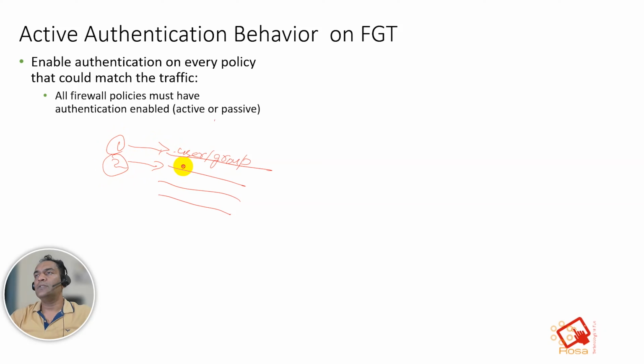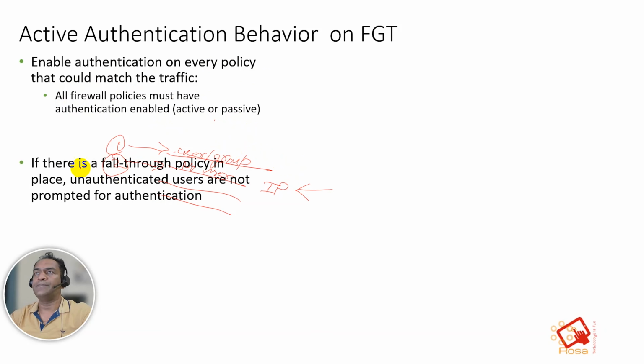And if there is no user authentication there, and it matches an IP address based policy, then it can pass through. So the suggestion is to enable authentication on every policy that could match the traffic, and all firewall policies must have authentication enabled, active or passive, because otherwise they may match an IP based policy and you will be thinking how come it worked when there is no user defined.